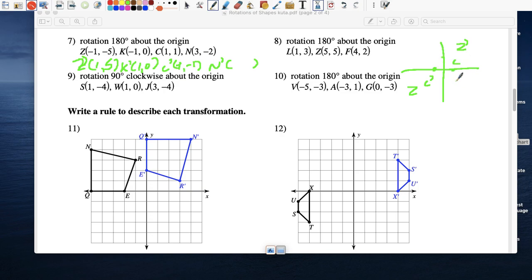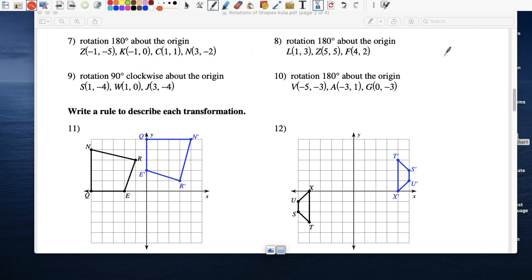So here's where N is. So N, after 180 degree rotation, is going to go over 2 quadrants. N prime is going to land over here. So N prime is going to be the same numbers in the same positions, but the X is going to be negative and the Y is going to be positive. That's the final answer.